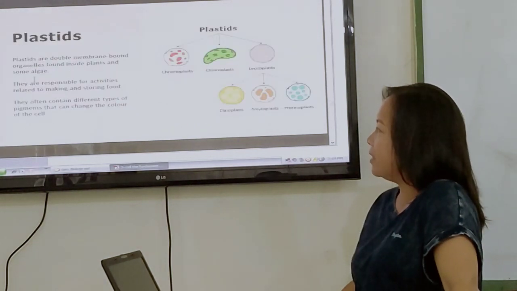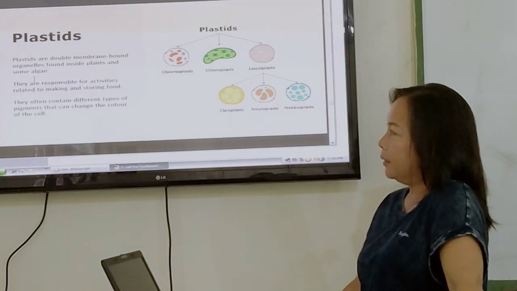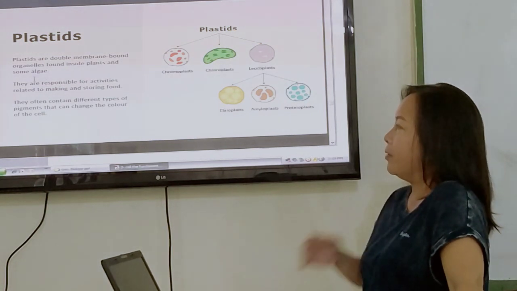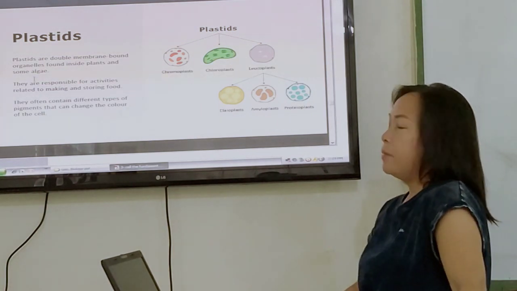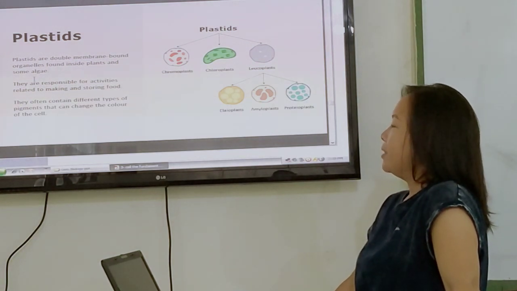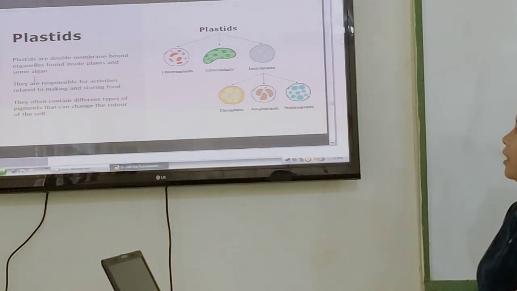Now there you have plastids. Plastids are double membrane organelles like the mitochondrion. They are responsible for food making or photosynthesis. Plastids can be of three types. You have the chromoplast, the chloroplast, and the leucoplasts.